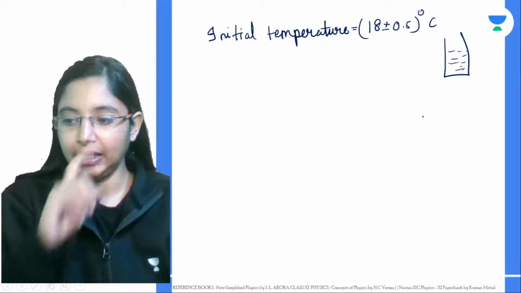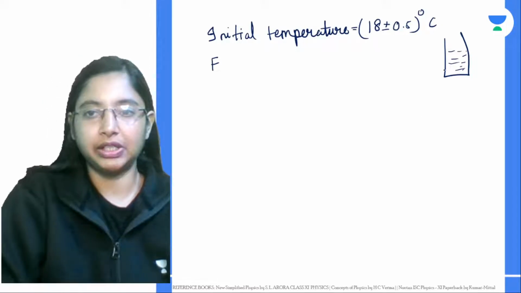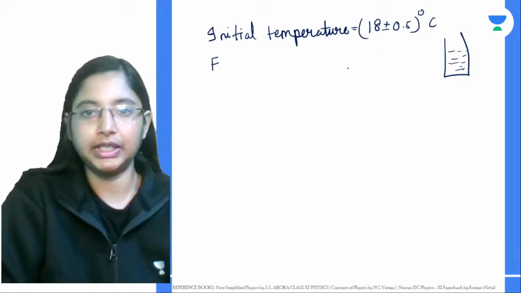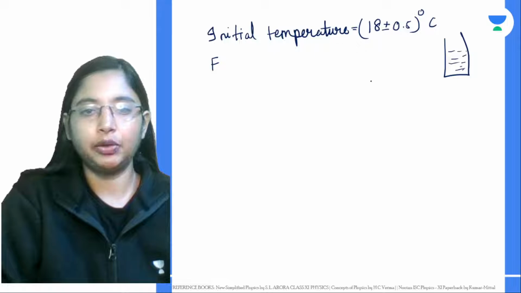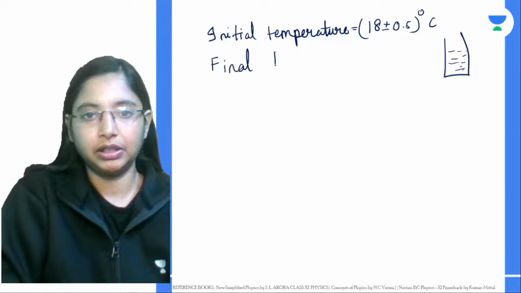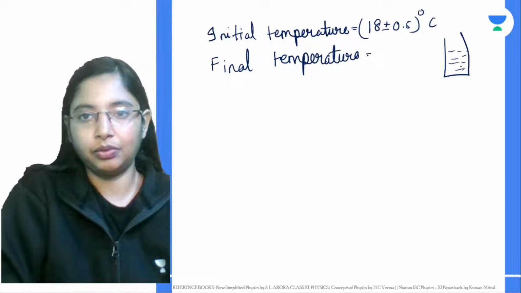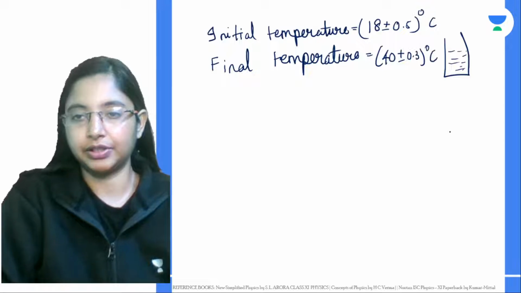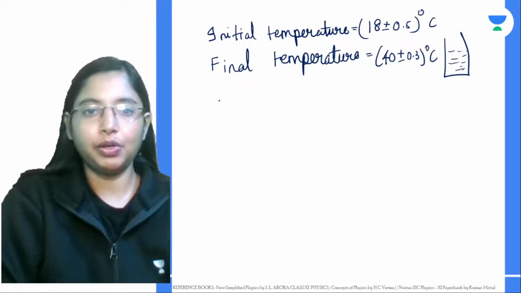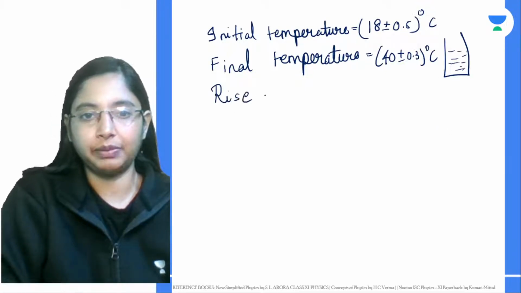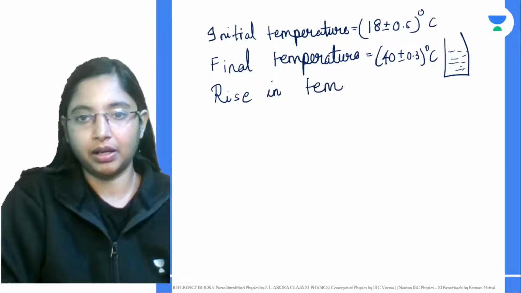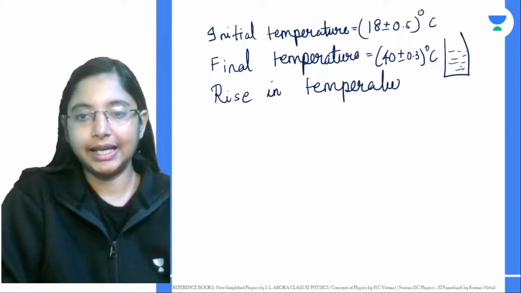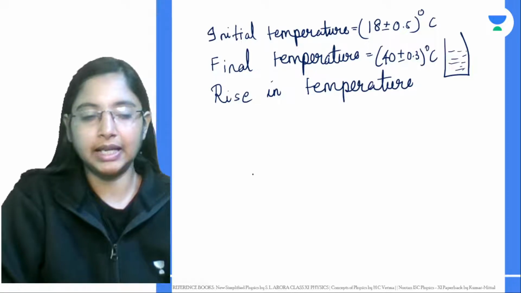Let's say you're heating it, in a vessel there is some water and you're heating it. This is the initial temperature to begin with. After some time the final temperature that you're finding is around 40 plus or minus 0.3 degrees Celsius. We want to find what was the rise in temperature. This is exactly what we want to find.